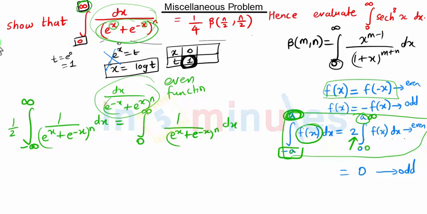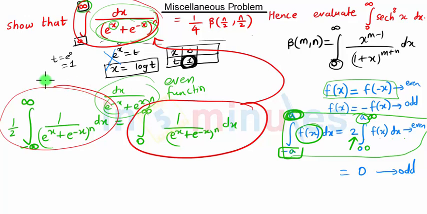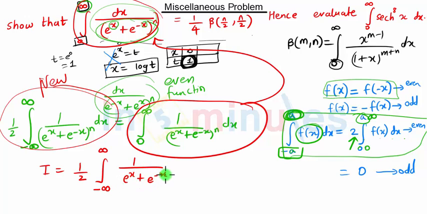So what we conclude from here, if you see, this term is exactly matching with this term. So we can write this term equivalent to this term. So this is our new integration, which is I equal to half integration of minus infinity to infinity 1 upon e raised to x plus e raised to minus x the whole raised to n into dx.